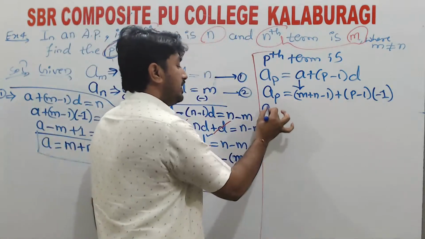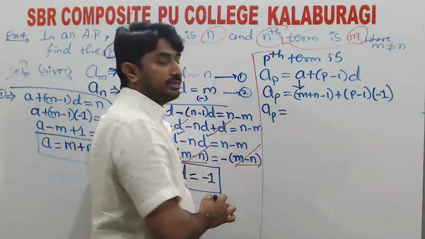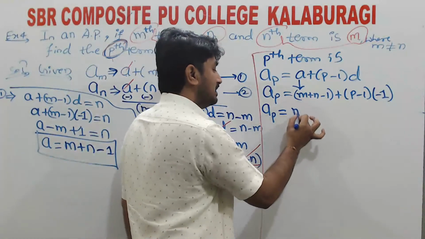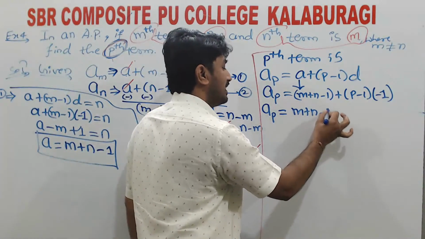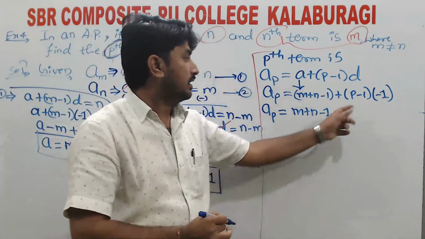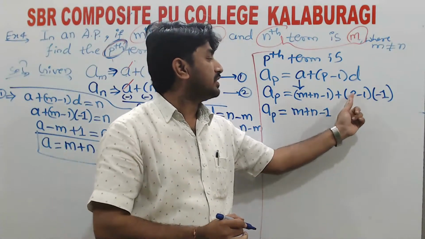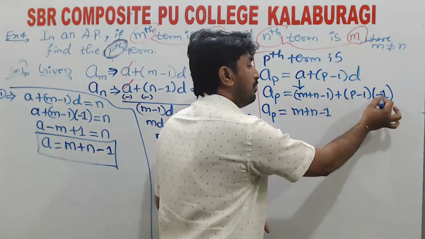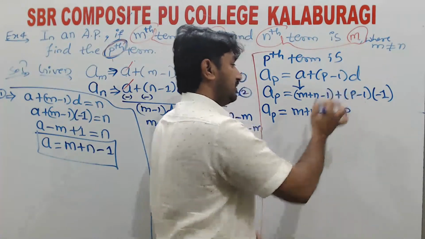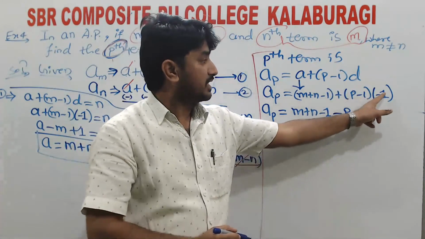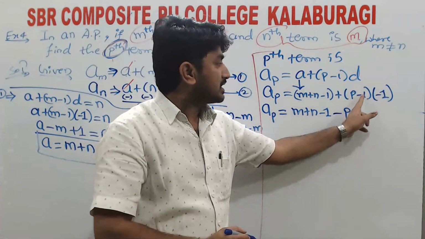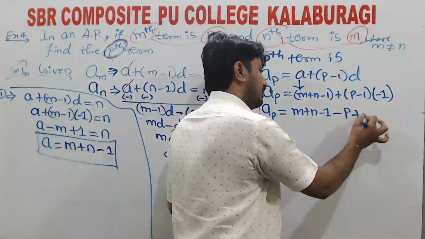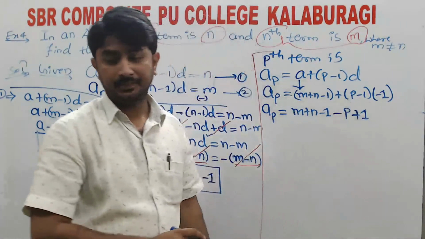So the pth term is equal to the first term as it is, m plus n minus 1, and multiplying these two terms, p into minus 1 is minus p, and minus 1 into minus 1 becomes plus 1.